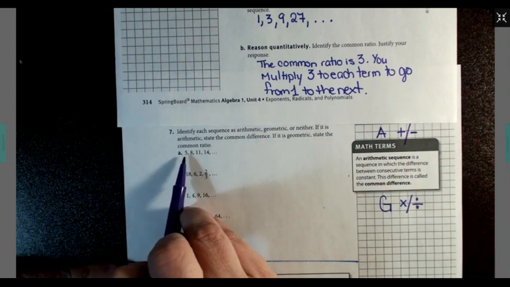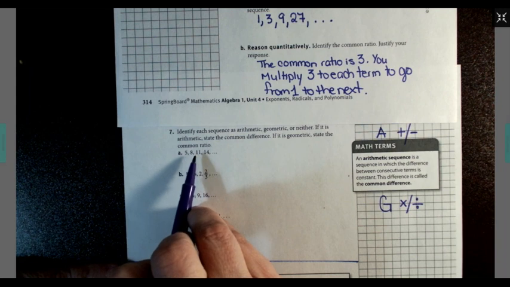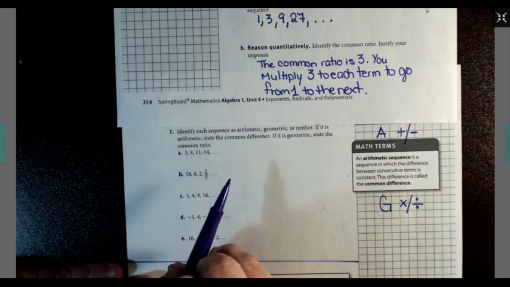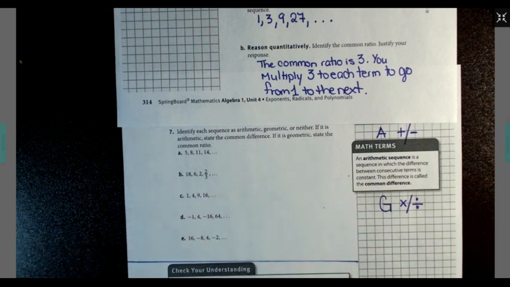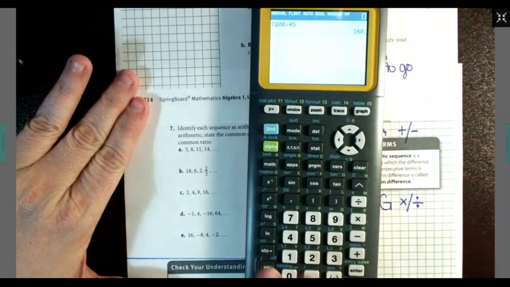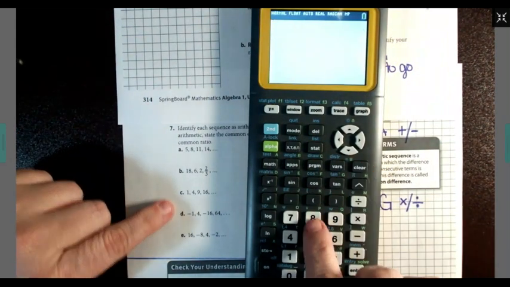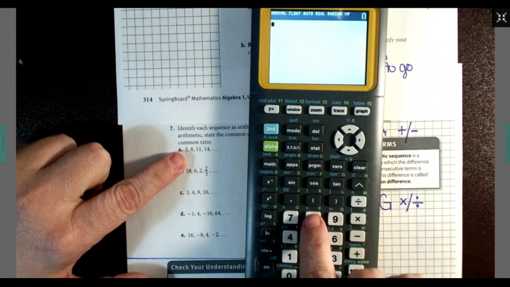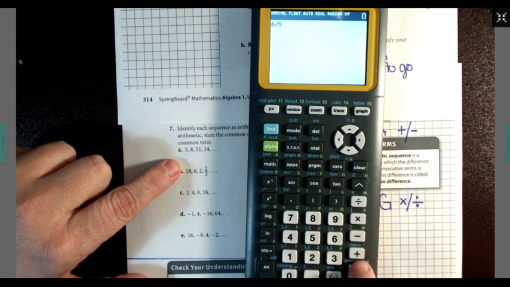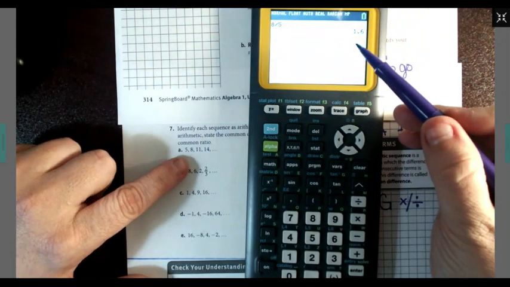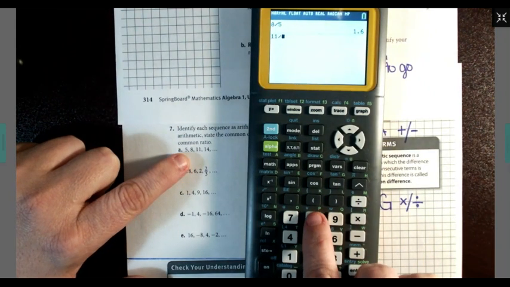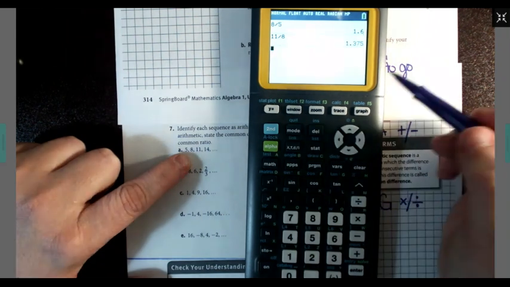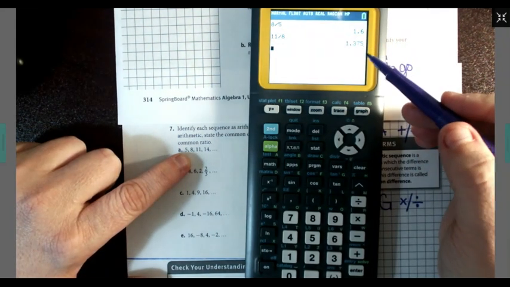A goes 5, 8, 11, 14. The easiest way to do this is to take your calculator. And what I would start doing is I would start by doing 8 divided by 5. Well, that's 1.6. Let's see if we do 11 divided by the previous number. That's not 1.6.